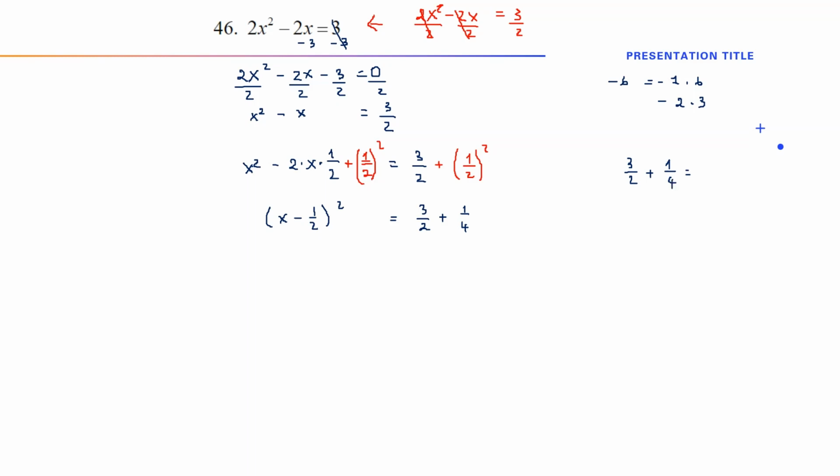The least common denominator is 4, and we need to multiply by 2 here and here. So 2 times 3 is 6, plus 1, 7 over 4.